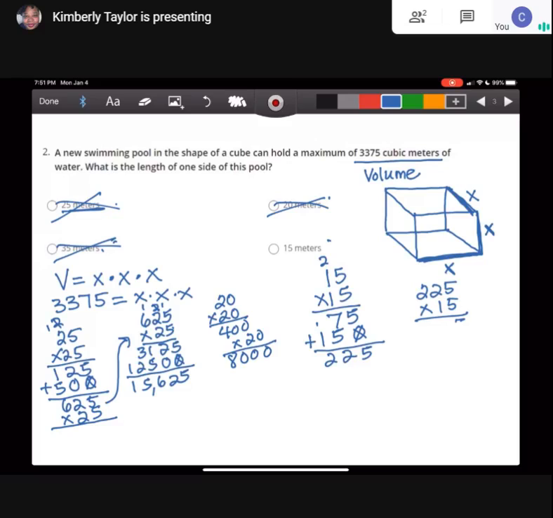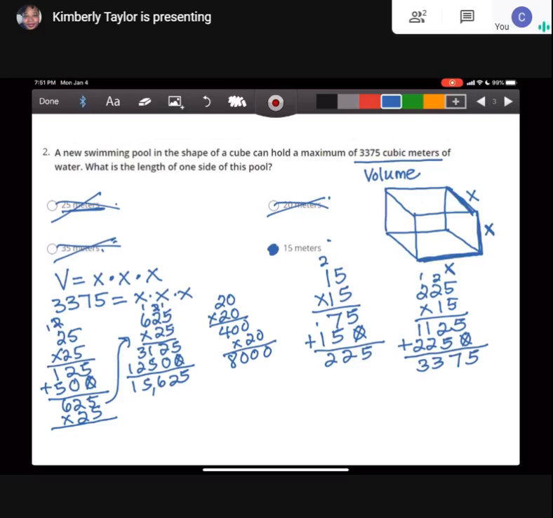And you get 5, 2, that's 12, 10, 11, placeholder. And this is going to be 5, 2, and 2 added together. And you get 3,375. So your answer is going to be 15 meters.